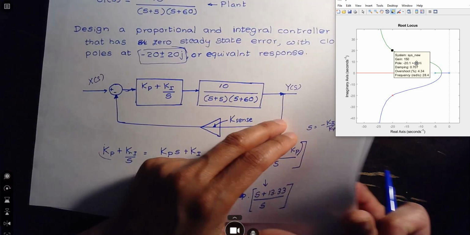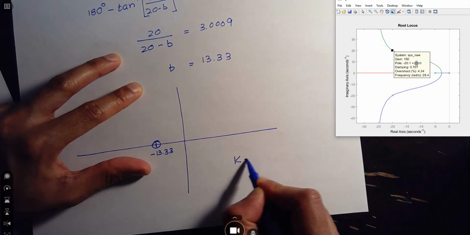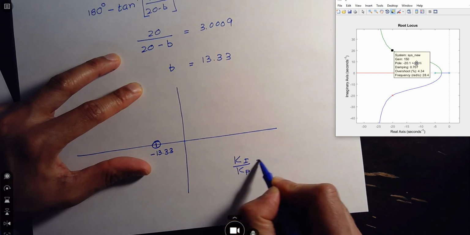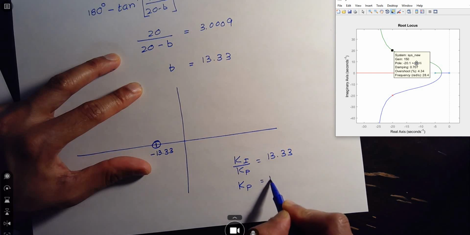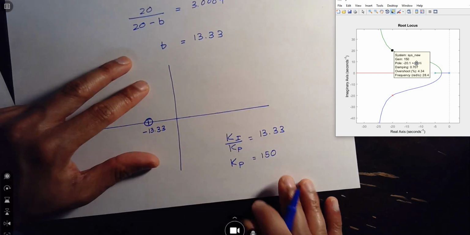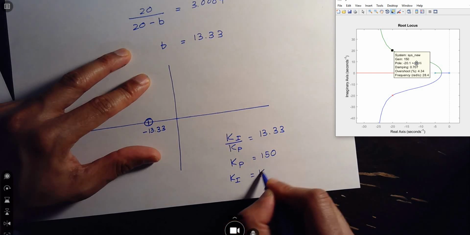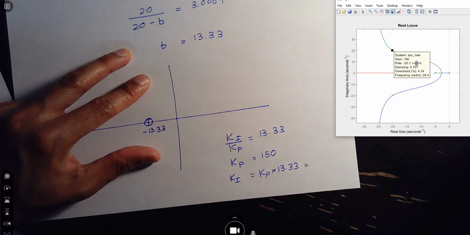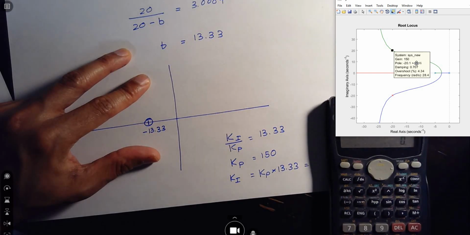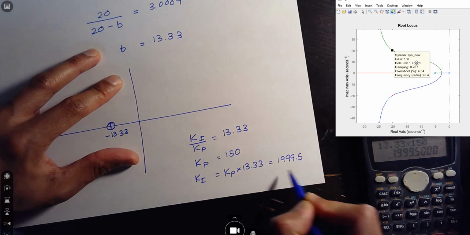Now we know two pieces of information. We know KI over KP should be 13.33 and KP should be 150. Therefore we can find KI, which is KP times 13.33, which is 1999.5.